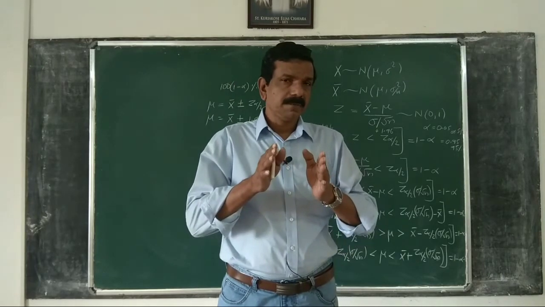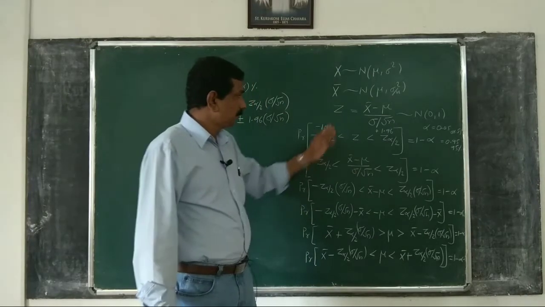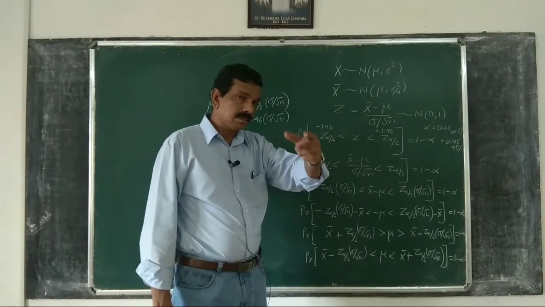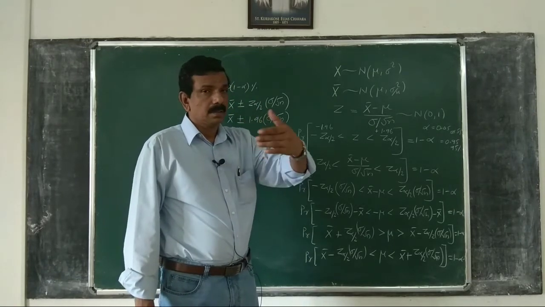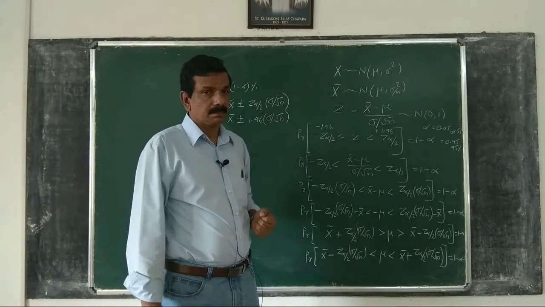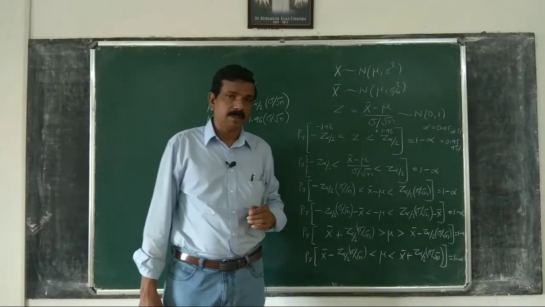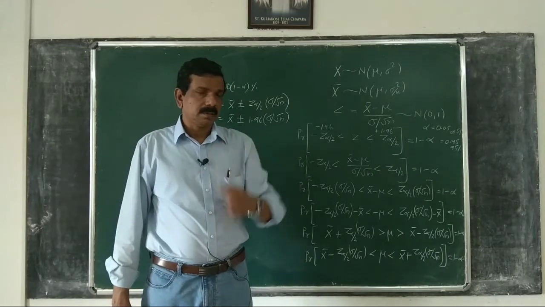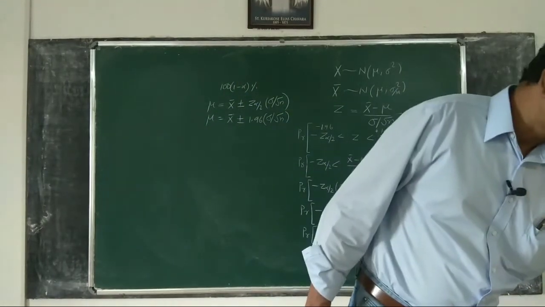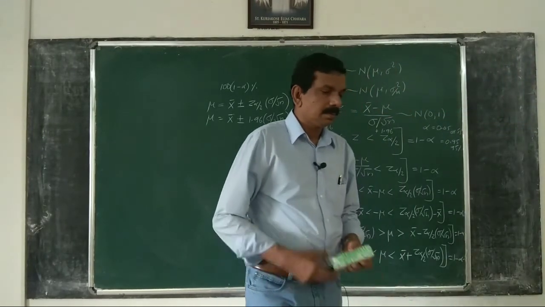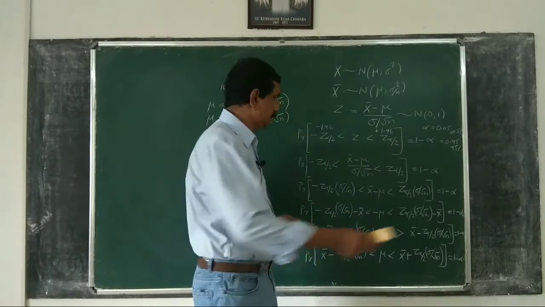So, if we assume that sigma is unknown, we use T distribution to construct confidence interval for population parameter mu using the sample statistic x bar. Now let us see how to construct confidence interval using T distribution rather than Z.